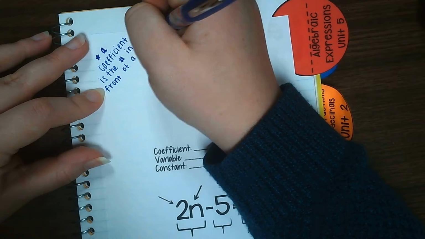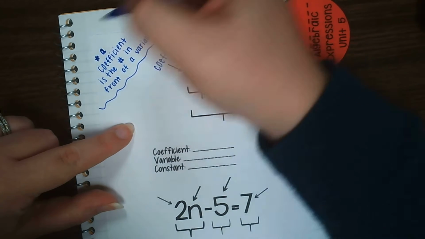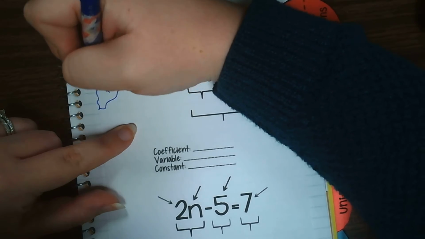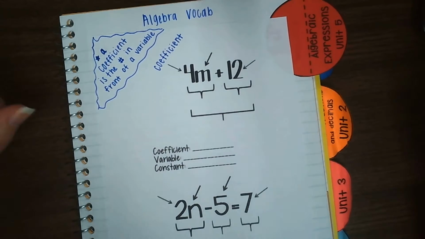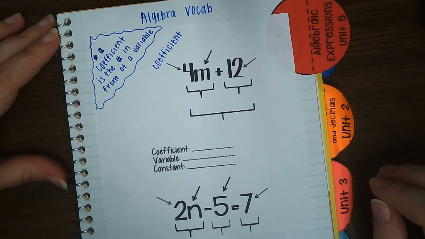Section that off. A coefficient is the number in front of a variable.